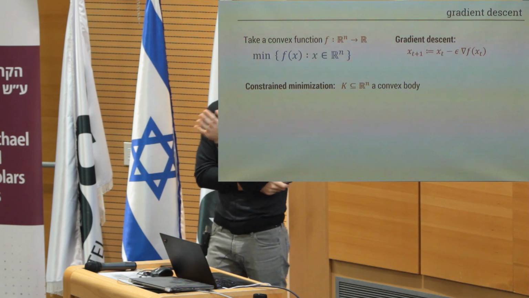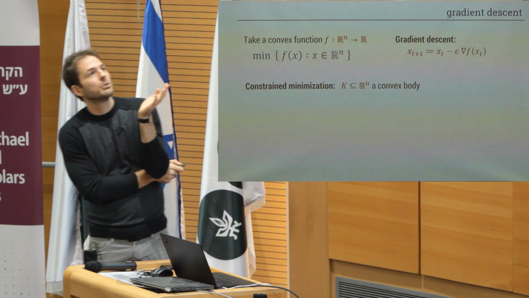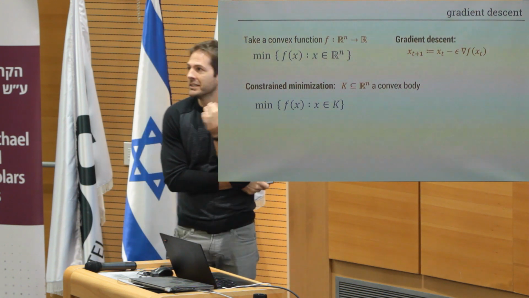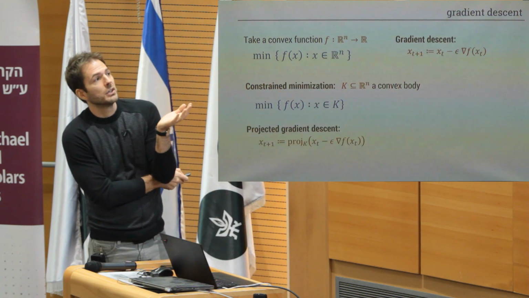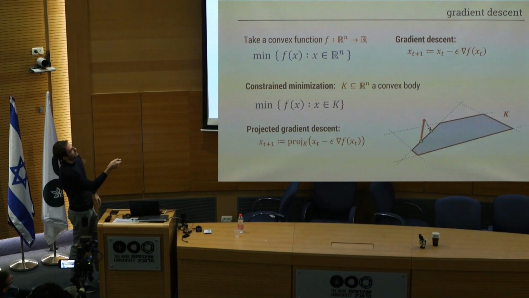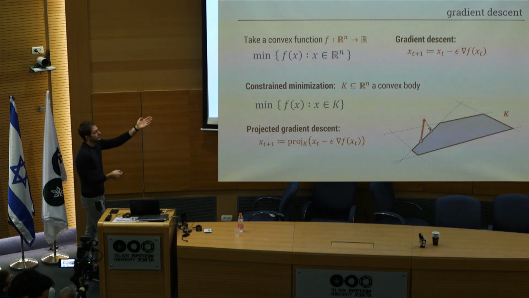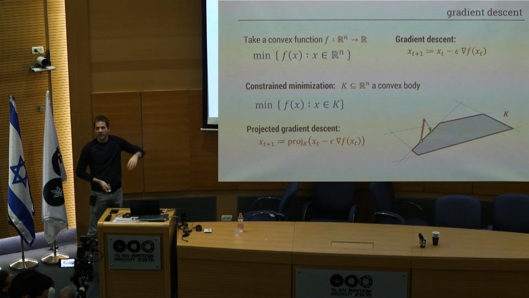If you want to solve some constrained minimization problem, say you want to minimize your function over a convex body K, then you can do projective gradient descent, which is you do the same gradient descent step where you move in the direction of the negative gradient, but now you want to stay inside the body, so you just project back to the body.